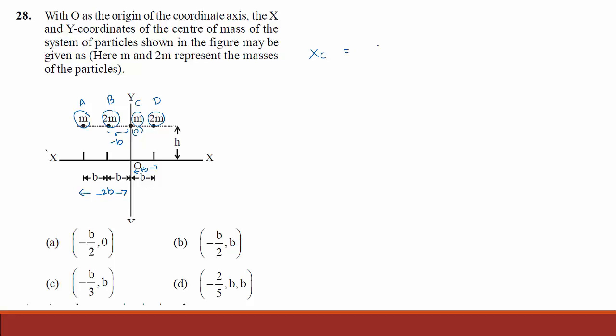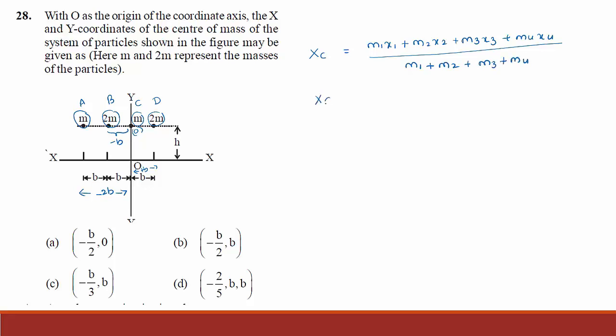Position vector of center of mass is given by the equation m1x1 plus m2x2. This is for two particles, but there are four particles here, so we can write m3x3 plus m4x4 divided by m1 plus m2 plus m3 plus m4.